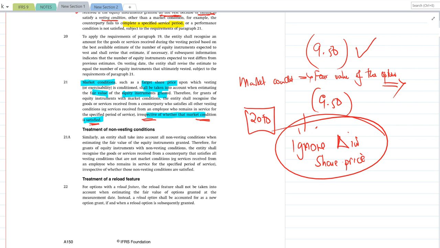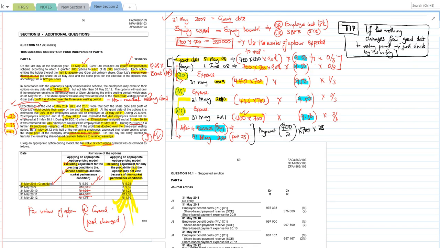All right, so ignore change in share price because it's already included in the what? In the fair value of the option. So that has been explained. There's the 950, where it's coming from, and obviously we are going to spread this over the vesting period.